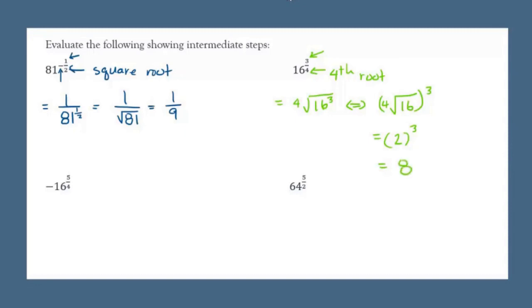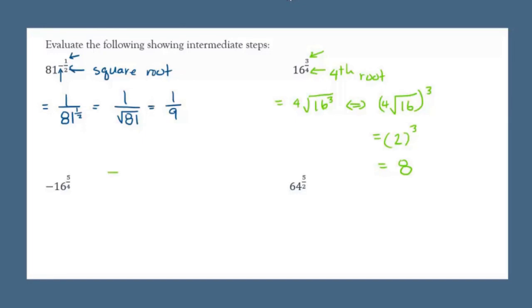This next question, negative 16 to the power of 5/4. Similar, it's got the same base, but now we've got this negative 16. And having a negative radicand might worry you here, but I want you to remember one key feature of exponents, and that is this.